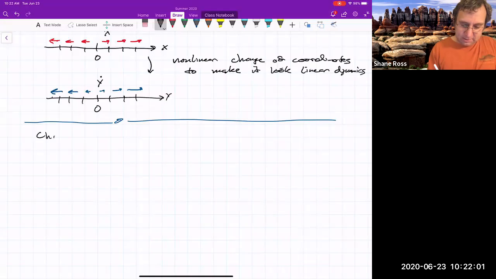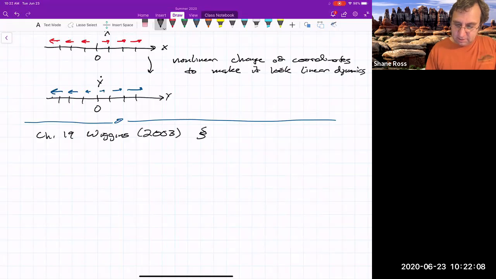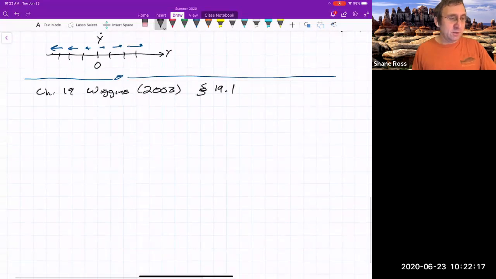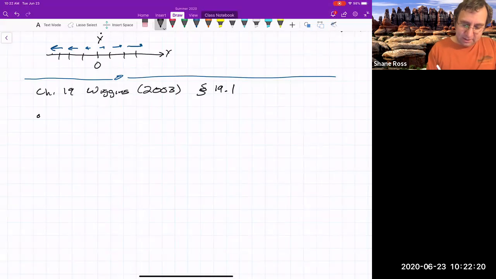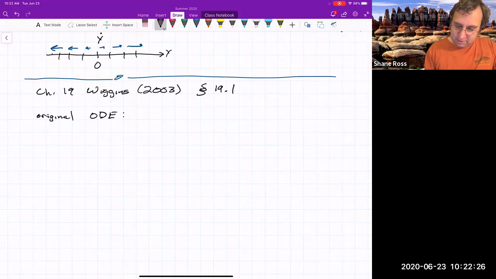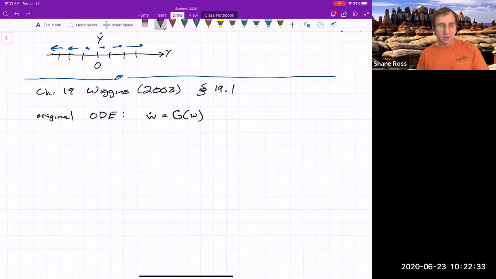So now this is chapter 19 of Wiggins, 2003 book, and looking at section 19.1. So this is normal forms for autonomous vector fields near equilibria. We have to go through some steps first. Our original ODE is, let's say, W dot equals G of W. So G is our vector field.